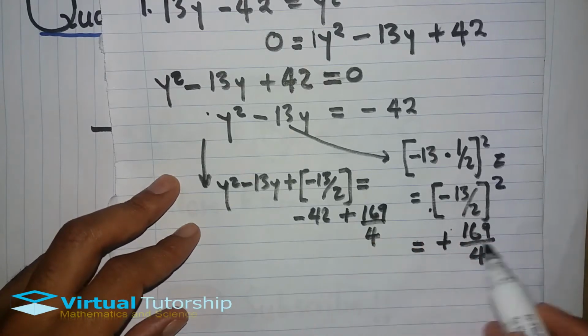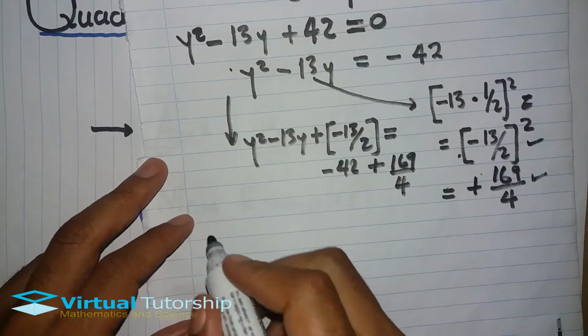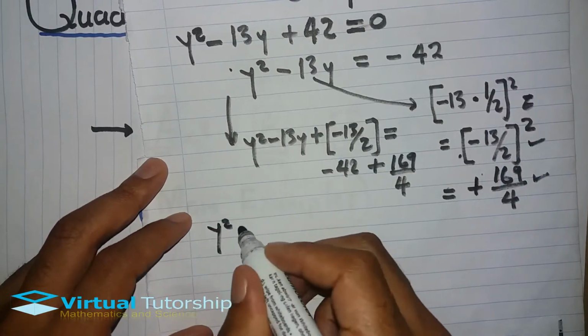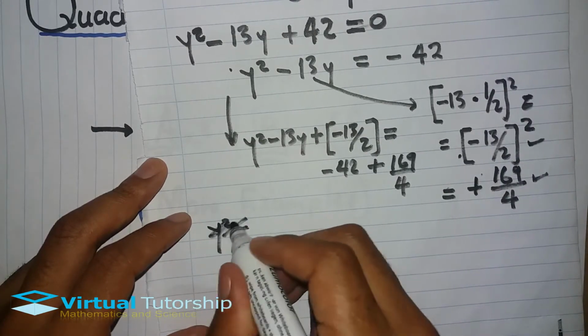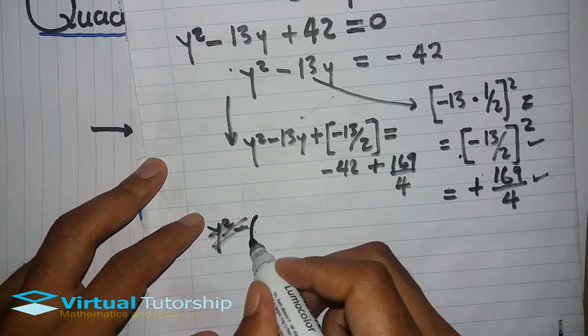So on the right hand side I add this value, and on the left hand side I add this value.